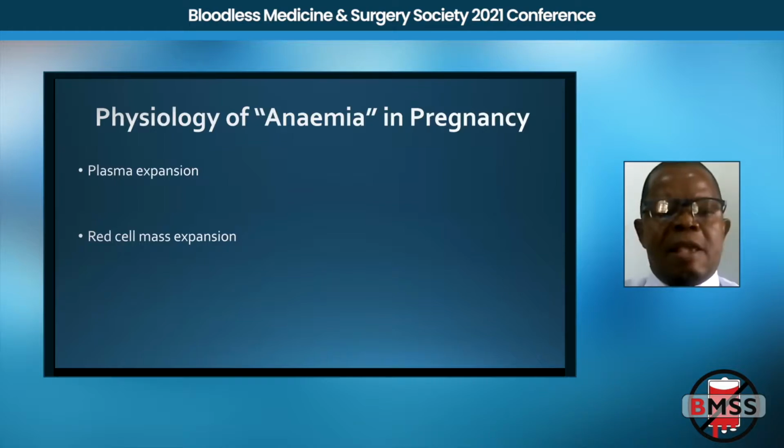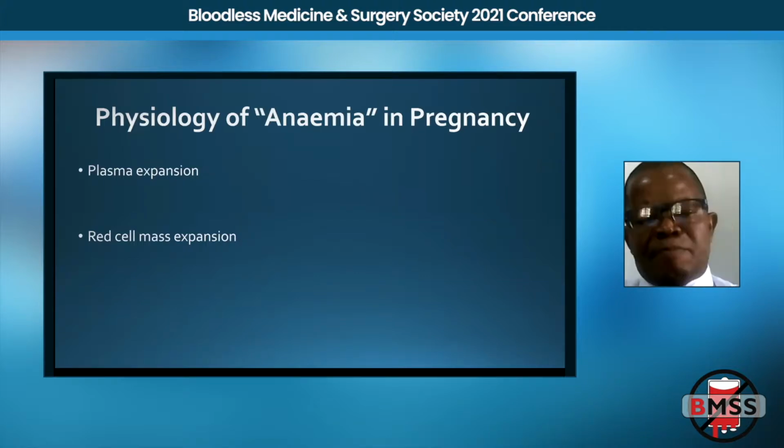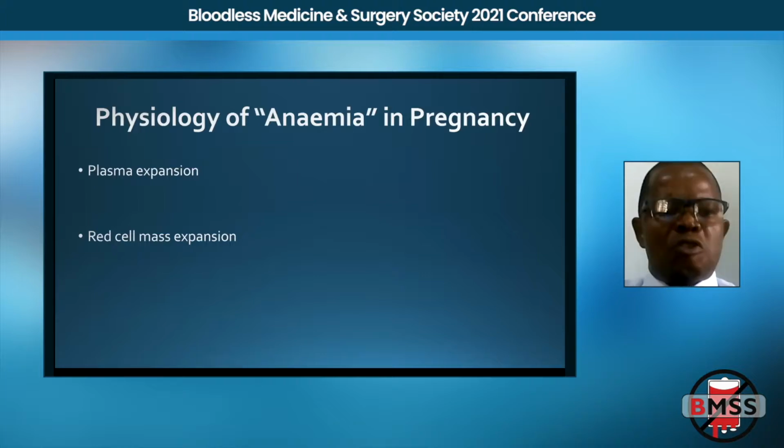This plasma expansion, or dilution of the blood, as it were, is a very fine condition in a normal pregnancy. Where it does not occur, there's something wrong with the pregnancy. As we can see, in some patients that come with very high hematocrit in pregnancy, many times it is due to poor plasma expansion.